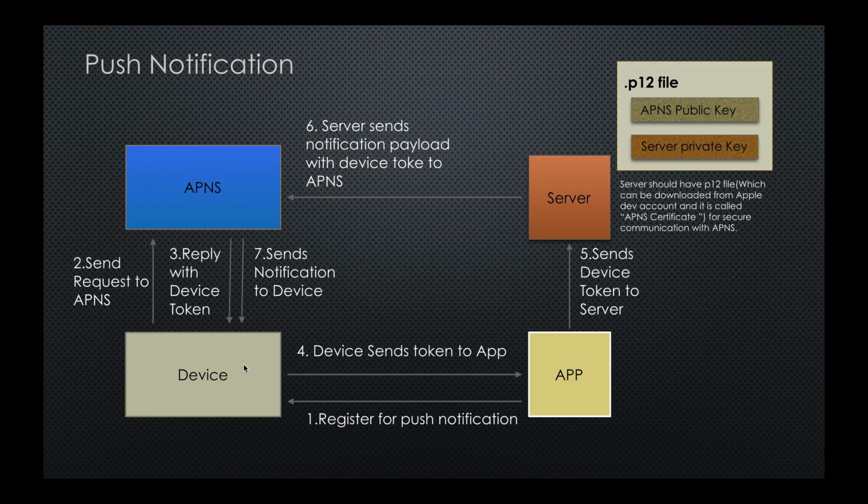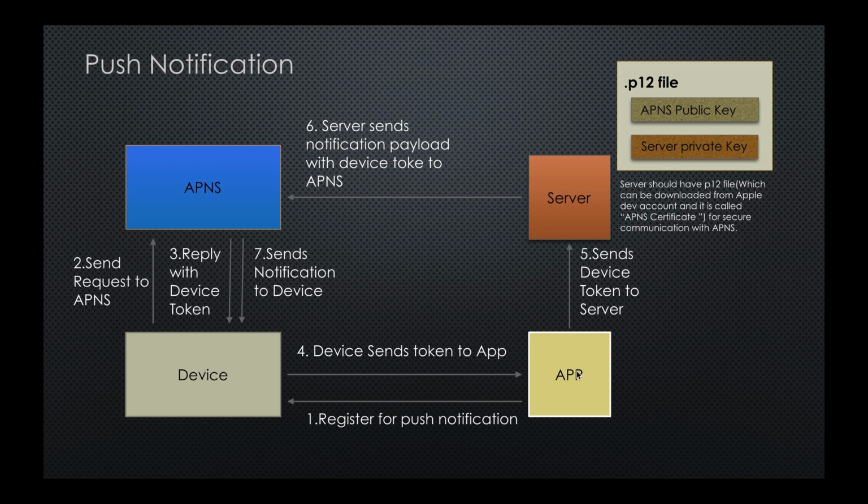Okay. It's a simple but long process, but it's very simple once you understand it. So your app will register for push notification. It will send a request to your device that I want to register for a push notification. The device sends a request to the APNS server for a device token. APNS server replies with the device token, and then it sends the device token back to your application.